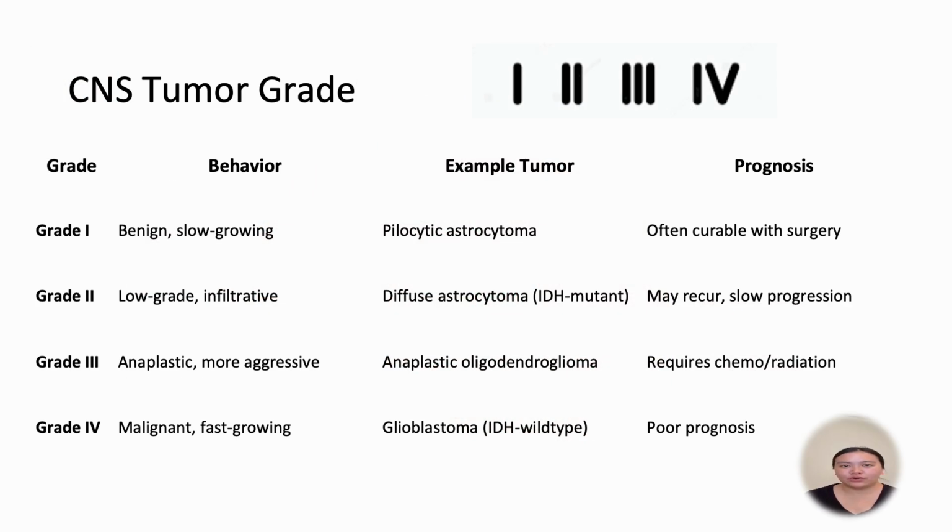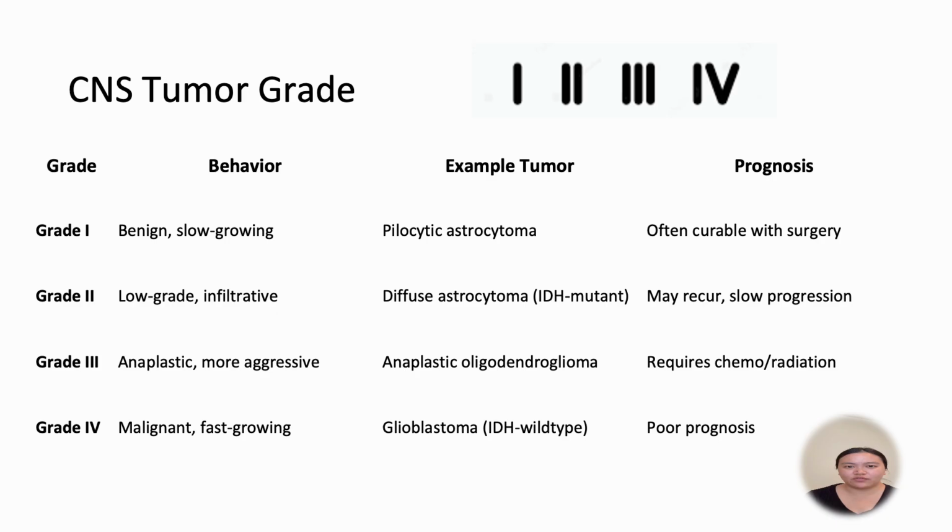Brain and spinal cord tumors are actually graded based on the tumor cell's likelihood to grow and spread. According to the World Health Organization, CNS tumors are graded from 1 to 4. A grade 1 is a slow-growing, benign tumor, often cured with surgery alone.